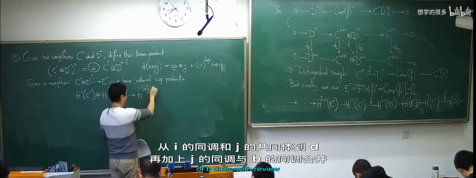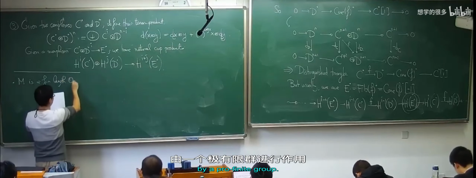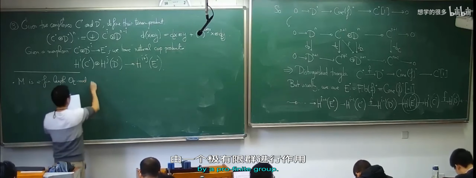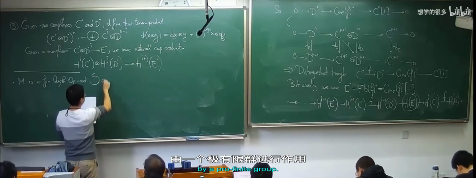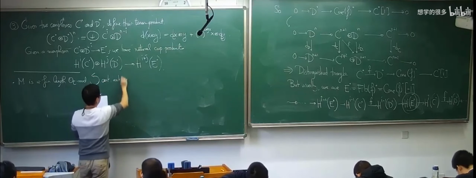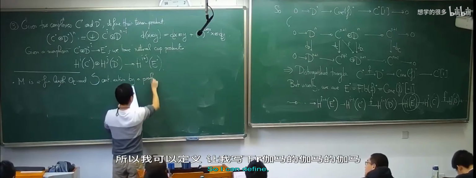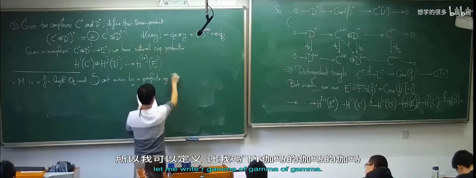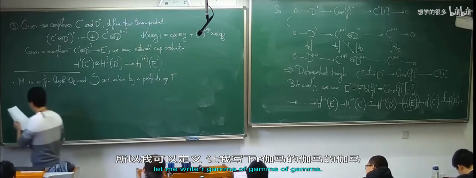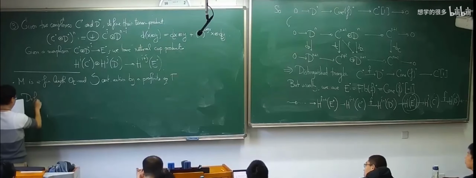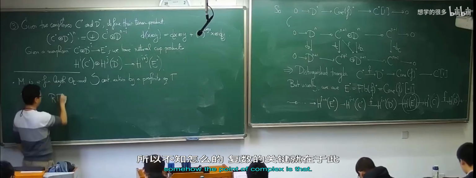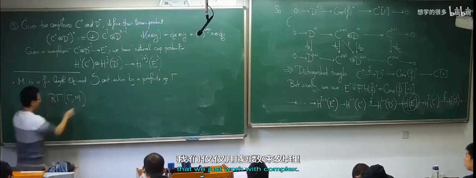Okay, so if M is a finite length O_E module with a continuous action by a profinite group Gamma, I can define, let me write, R Gamma of Gamma, M. Somehow the point of working with complexes is that we just work with complexes.